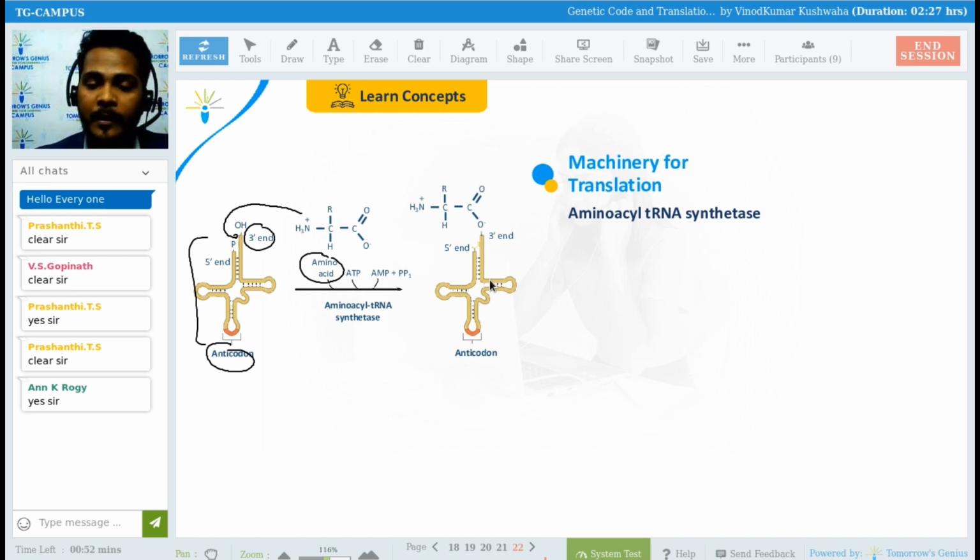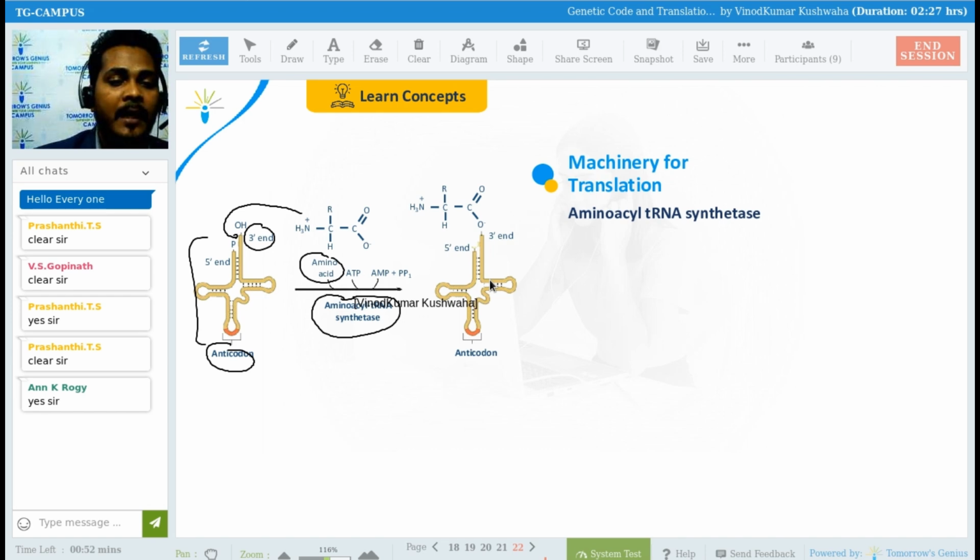Clear? As I told you, in this tRNA molecule there is a charging process. I told you what charging is. The tRNA binds with a particular amino acid at its amino acid acceptor end. This process is called charging tRNA. So charging tRNA means what? Here is the aminoacyl tRNA synthetase.